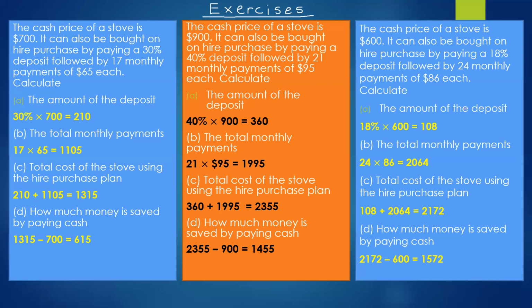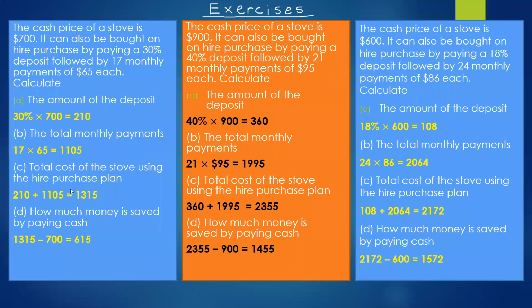Then you cancel out the zeros. So you'll have 30 times 7, and that will give you 210 for A. And then for B, it has the total monthly payments. You would do 17 times 65, and that'll give you 1,105.